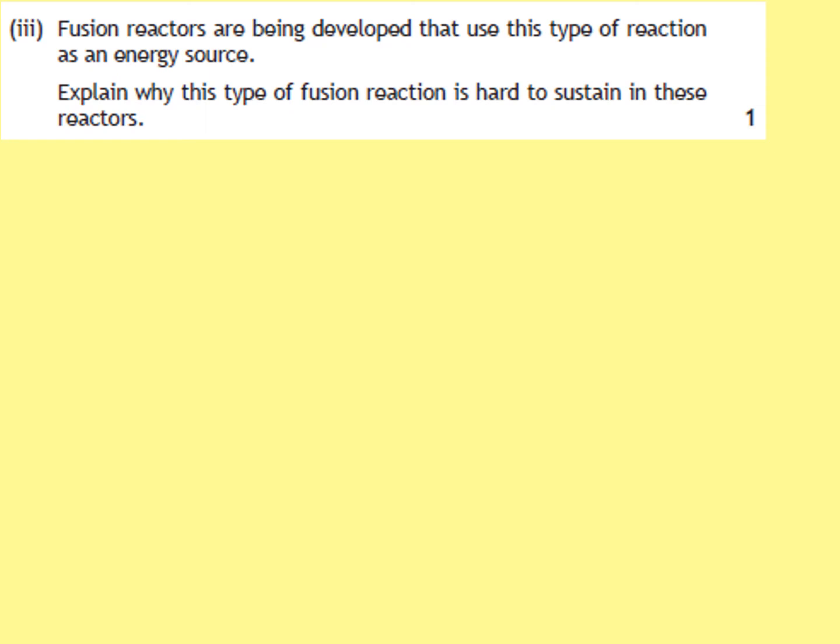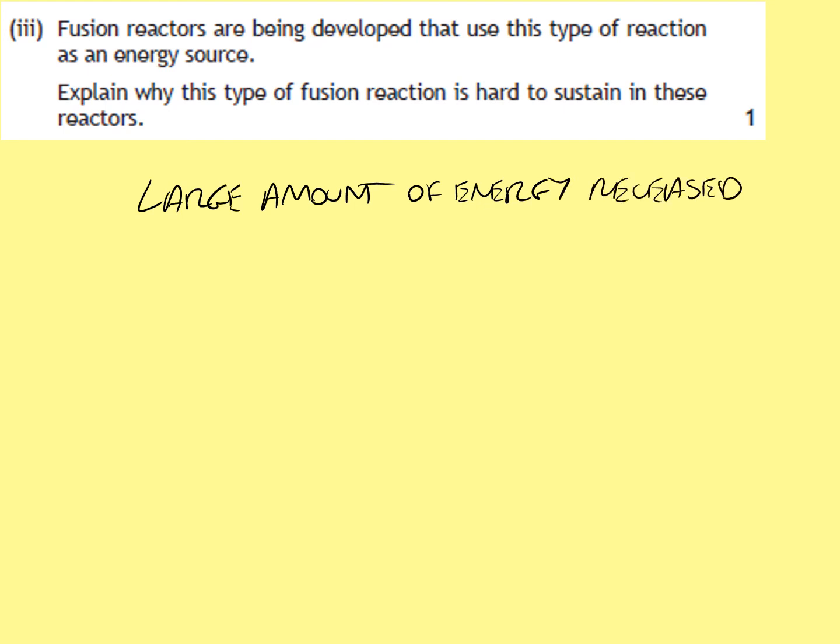Mainly, though, we're looking at large amounts of energy is released, which results in very high temperatures.